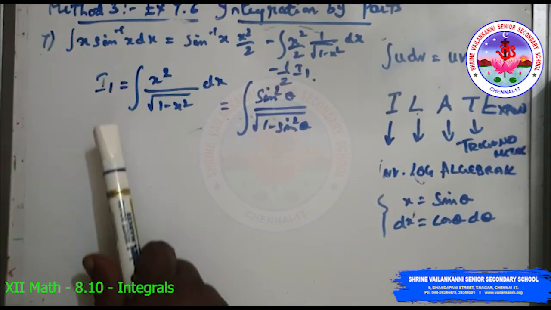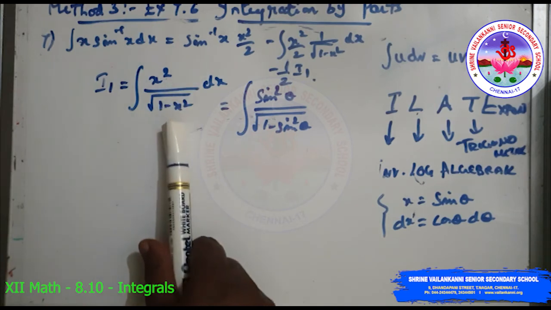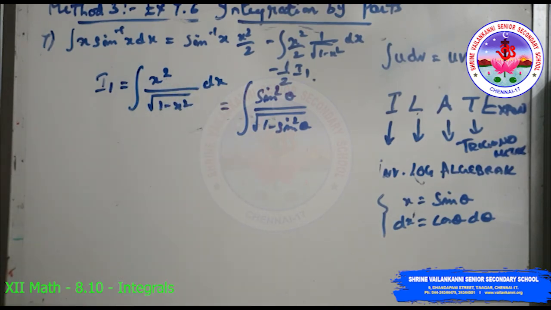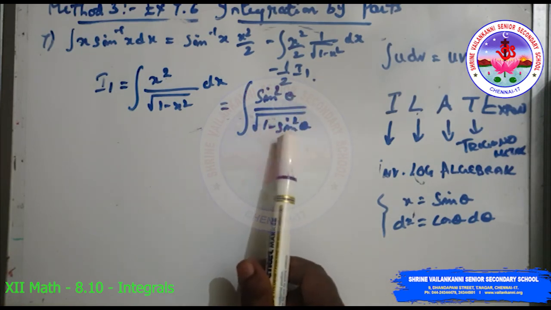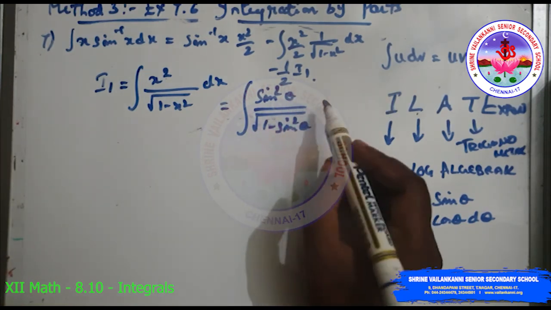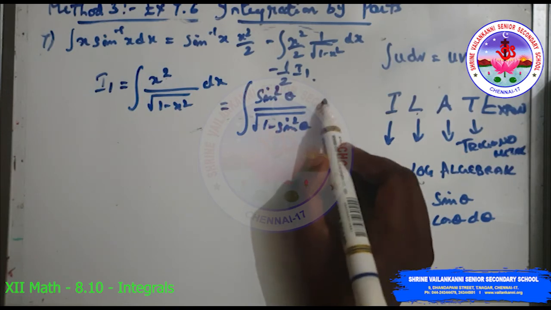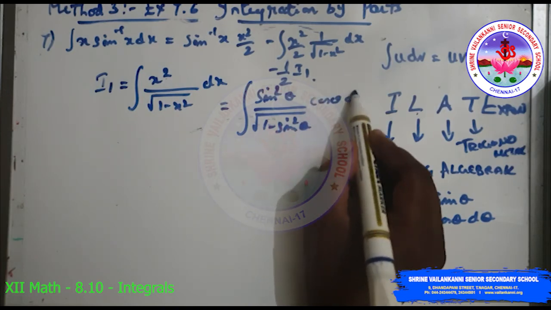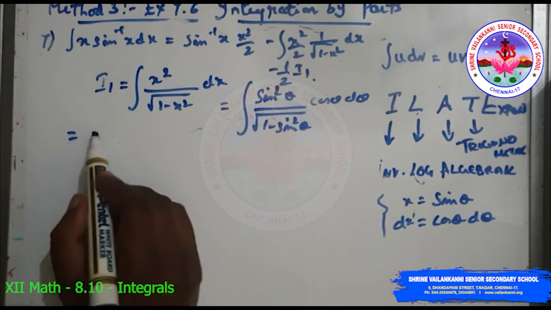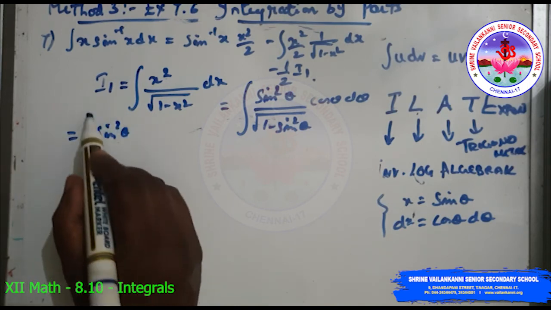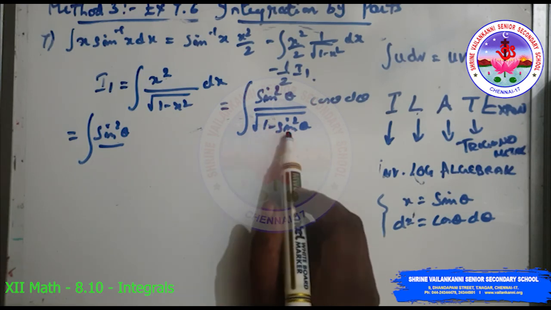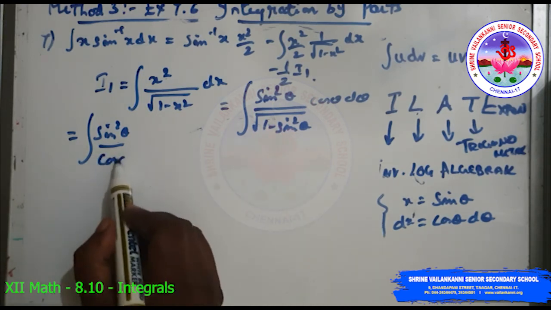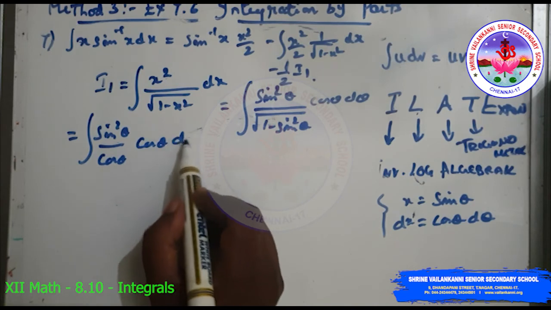So I1 is the integral of x square by root of 1 minus x square dx. So the integral of sine square theta by root of 1 minus sine square theta, and dx is cos theta d theta. So this is equal to sine square theta. Root of 1 minus sine square theta is root of cos square theta, which is cos theta. So cos theta d theta.